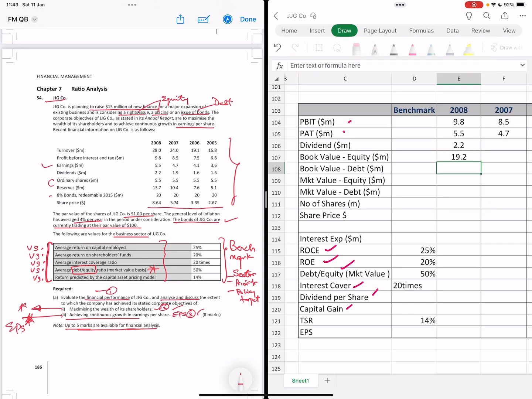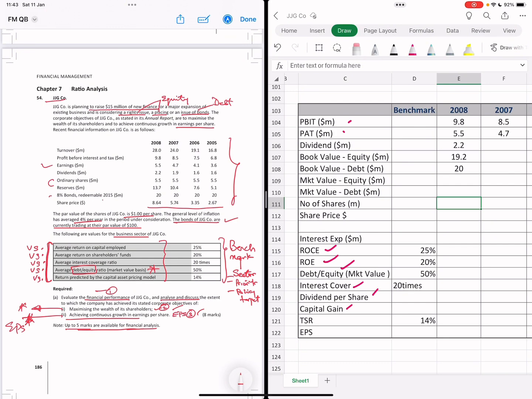That is the total equity for 2008. The debt is given: 8% bonds, redeemable, is 20. For market value of equity, we have to calculate that, which will be price of shares multiplied by the number of shares. The number of shares has been given here, so we can populate it as well.